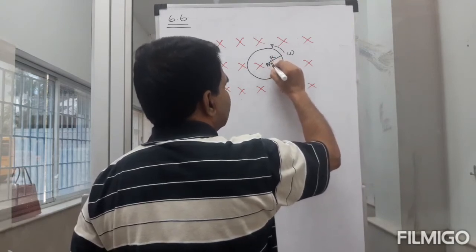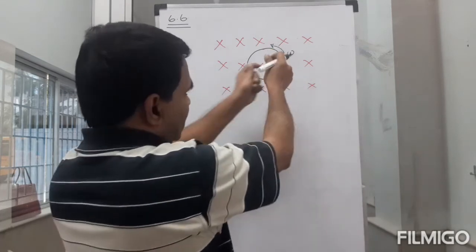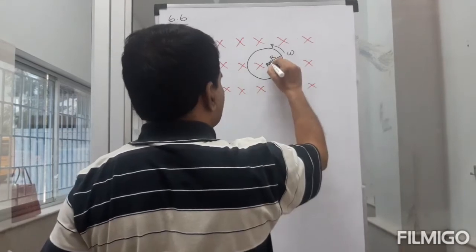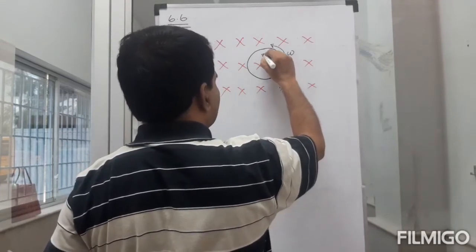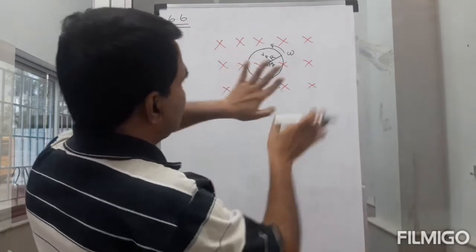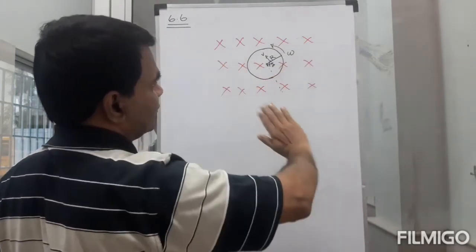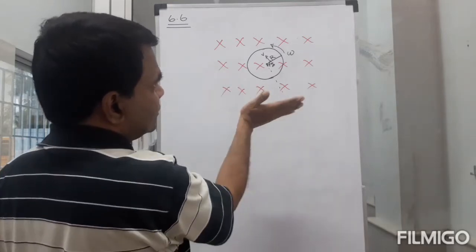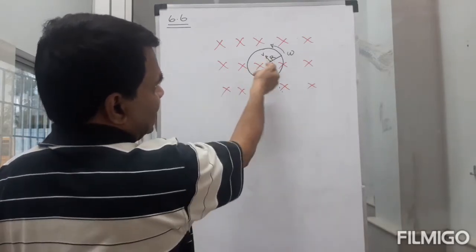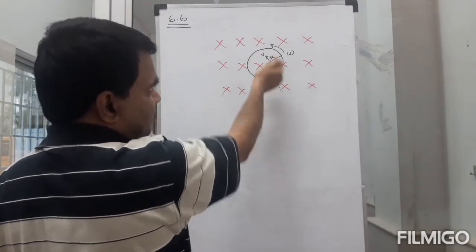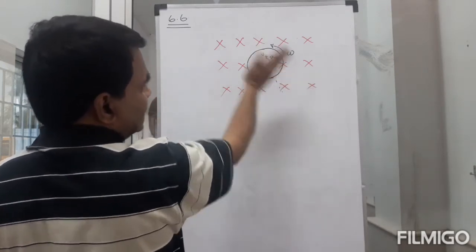If we take a very small piece of the rod, as it rotates, it will move like this. The velocity of that would be in this direction. So the field is going in, and the velocity of the rod is in this direction. So clearly, the electrons will try to move in the direction, because you're moving everything in this direction, right?